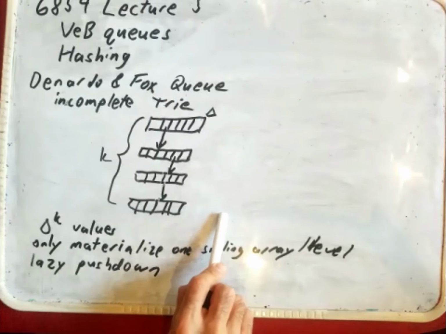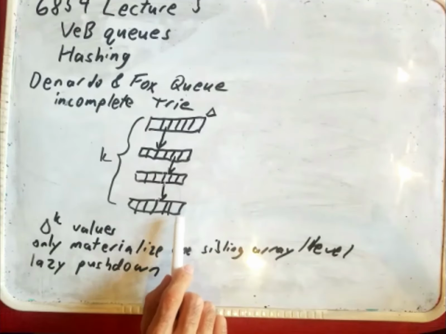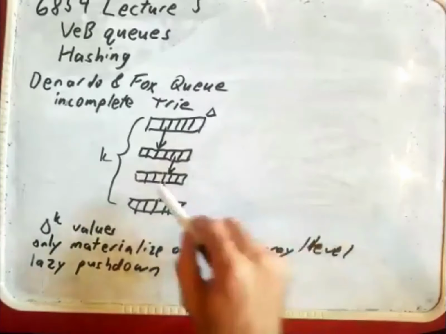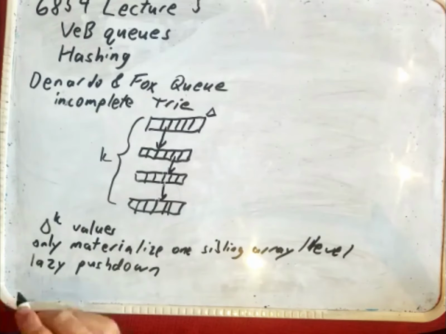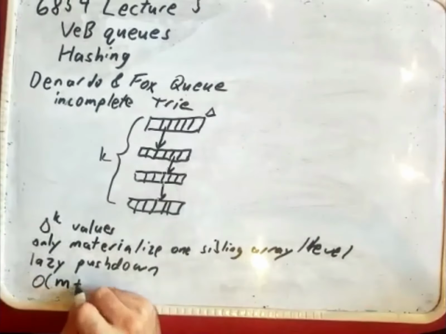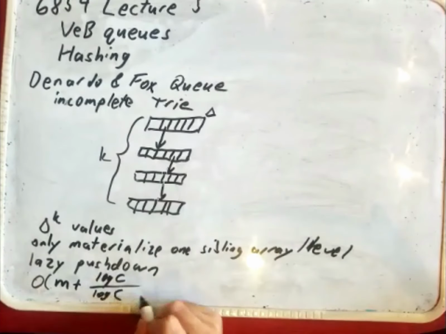And so that means that overall, the cost of doing a delete min is only the cost of that one scan, because the pushdowns have already been paid for. So we get a delete min cost of delta, an insert cost of k, and a decrease key cost of 1, and we ended up with a very, very fast order m plus n times log C over log log C runtime for doing shortest paths.